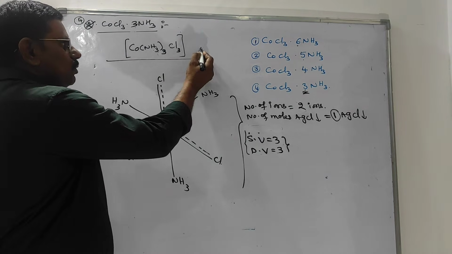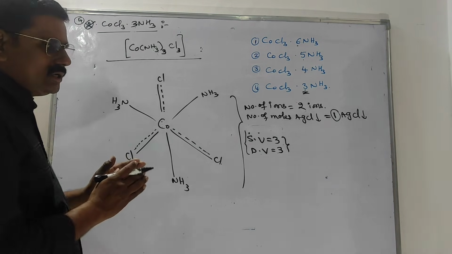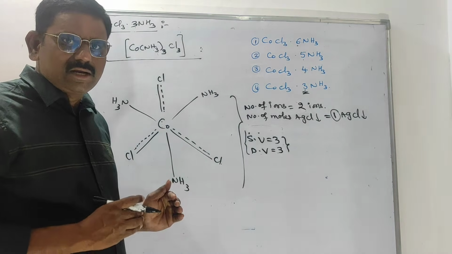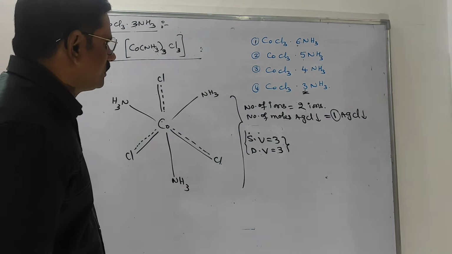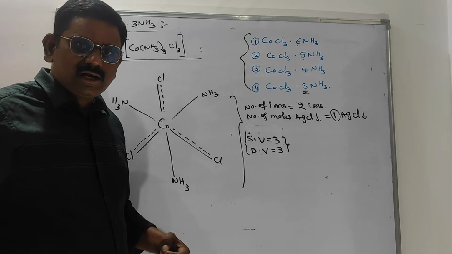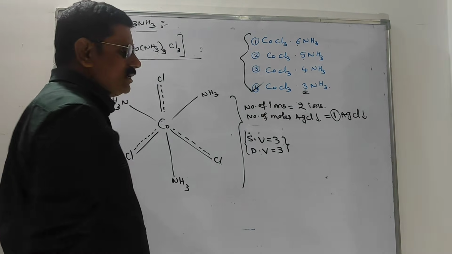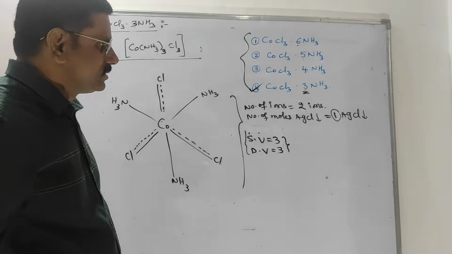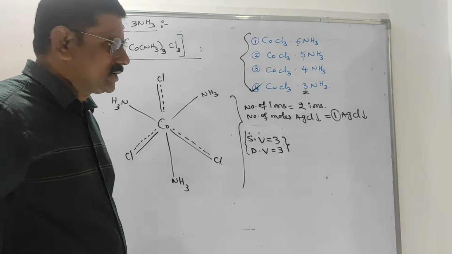Since there are no chloride ions outside the coordination sphere, it does not react with silver nitrate. It does not form silver chloride precipitate. In these complexes, the fourth one is not forming the AgCl precipitate when it is reacting with excess of silver nitrate solution.